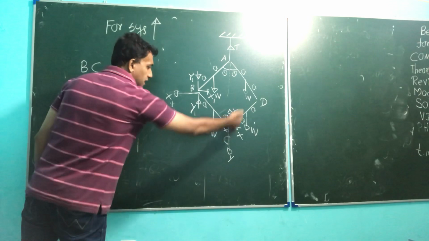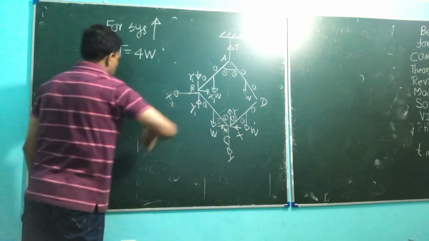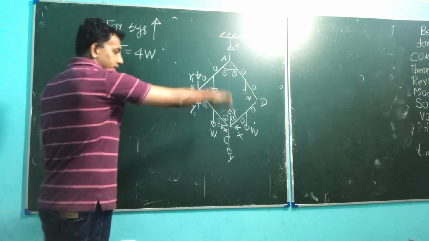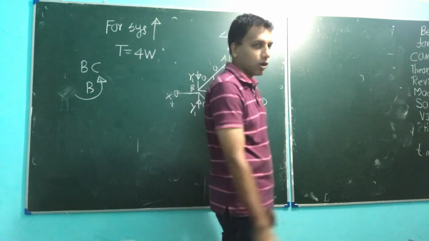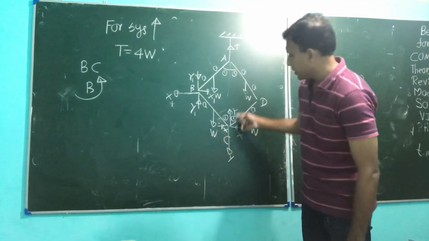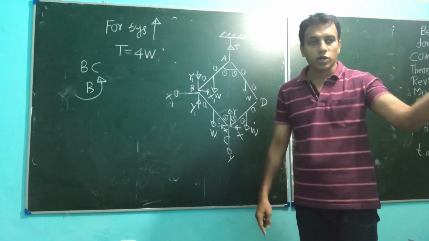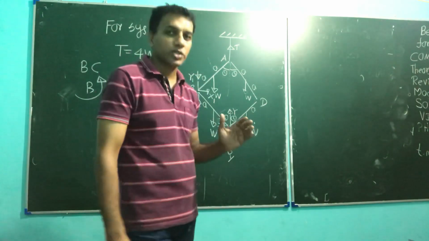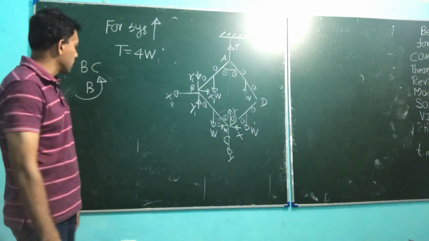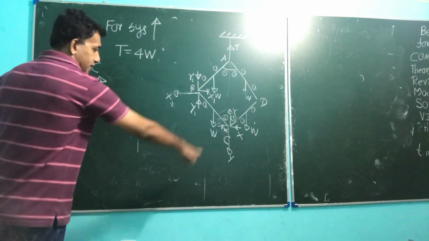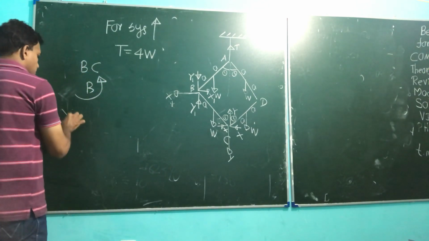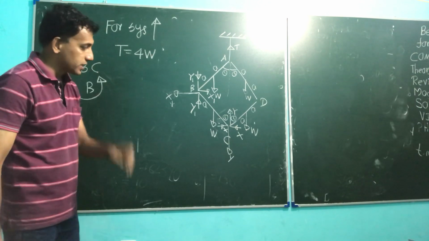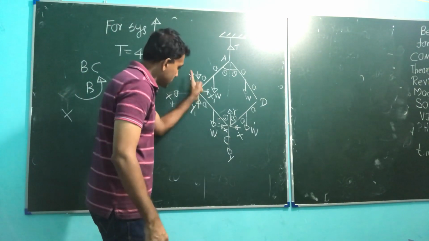I can mark this X as counterclockwise, and the other one anticlockwise. Like this, show your statics knowledge. Moment is force into distance, right? So what is the force? X. And what is the distance? The vertical distance.